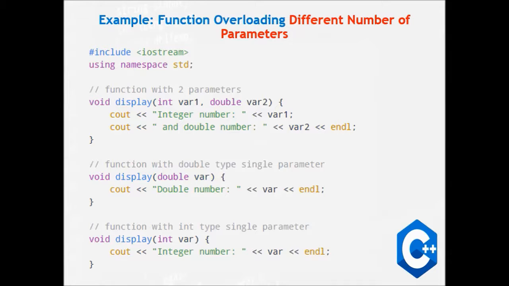Then we declare another function with a single variable but with a different parameter data type, void display, and into the parameter we use int var. So a function with an int type single parameter is declared here, and into the body of the function we write cout integer number and we want to display the value of our parameter var.